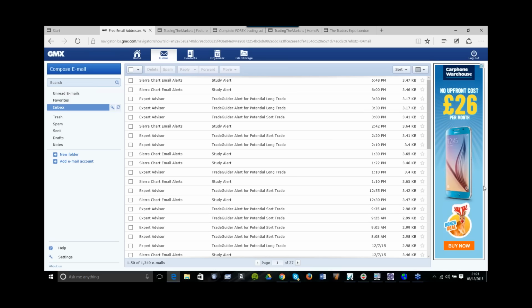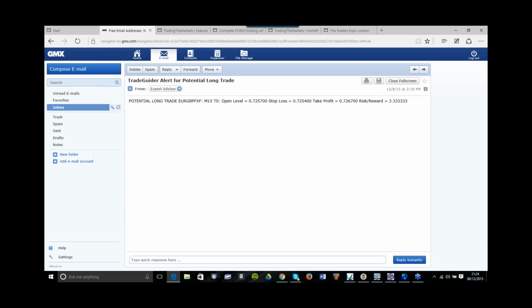The reason why is, if you look more closely and compare the old and new alerts, you will see that in the new alerts, you have some levels like open price, stop loss, and take profit. Yeah, thanks, Gavin.